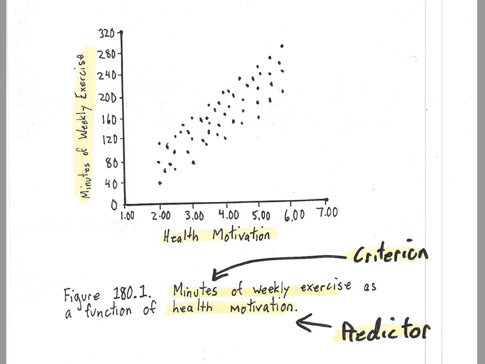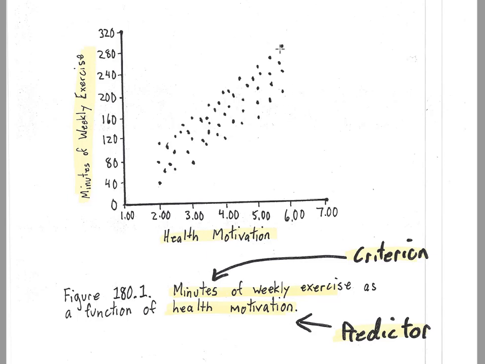The way to make sense of a scattergram is to focus on just one dot. Let's, for example, focus on this one dot that's in the upper right corner. This dot represents a person. The location of the dot in two-dimensional space tells us where that person fell on both the predictor variable and the criterion variable simultaneously.